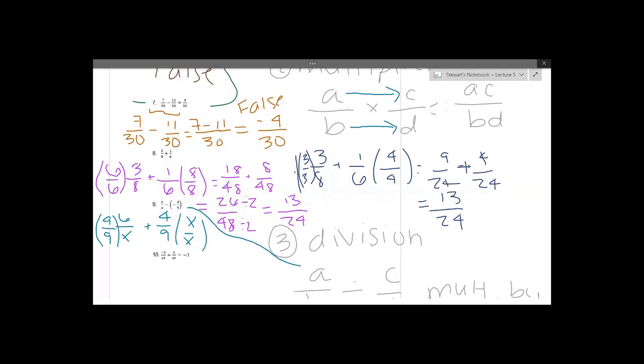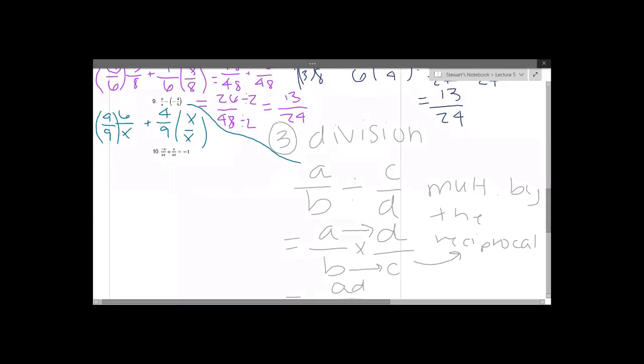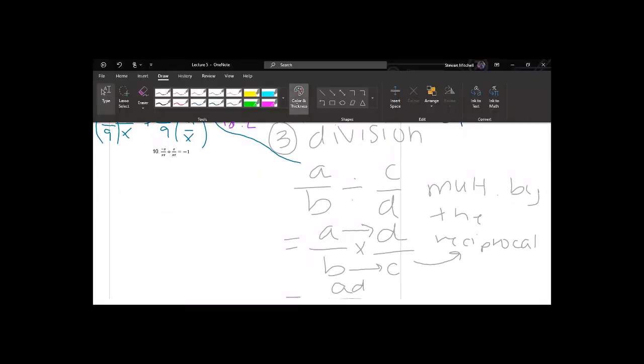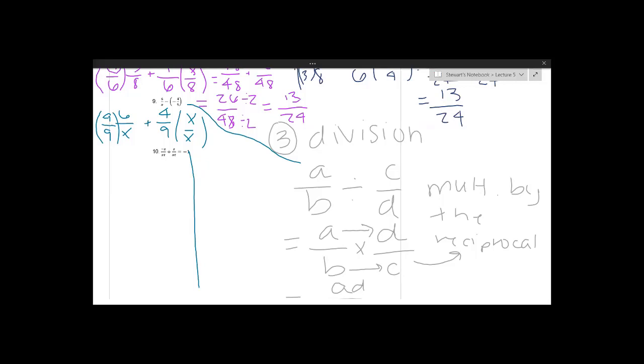Let me scroll down just a little bit more so I can continue this along. Okay, so then we'd have 9 times 6 is 54. So we'd have 54 over 9x plus 4x over 9x.